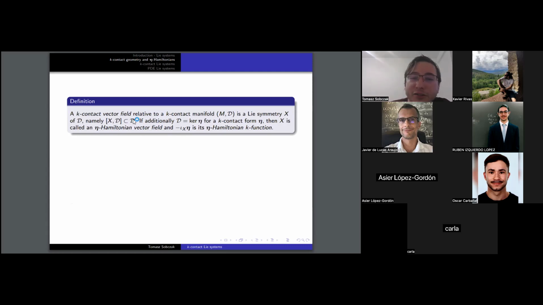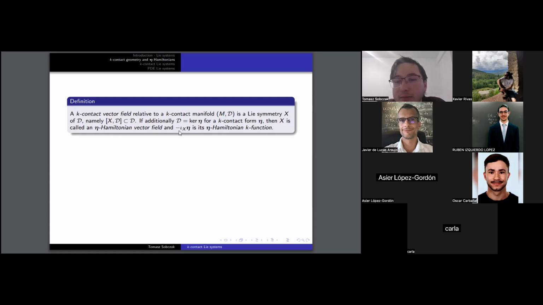However, if D is the kernel of our k-contact form, then we can say that X is the eta-Hamiltonian vector field, and we'll heavily use it. This one is just for clarity. This notion is very important, and we will analyze our Lie systems via the eta-Hamiltonian vector fields, not the k-contact vector fields.